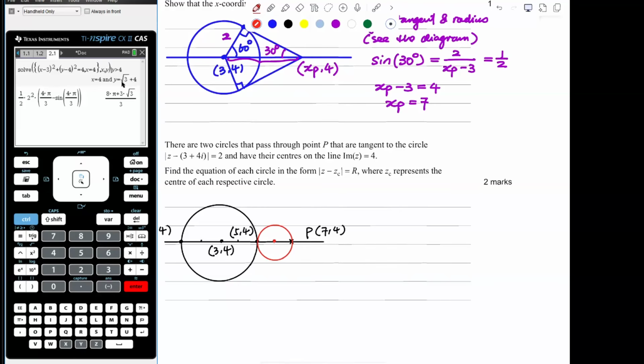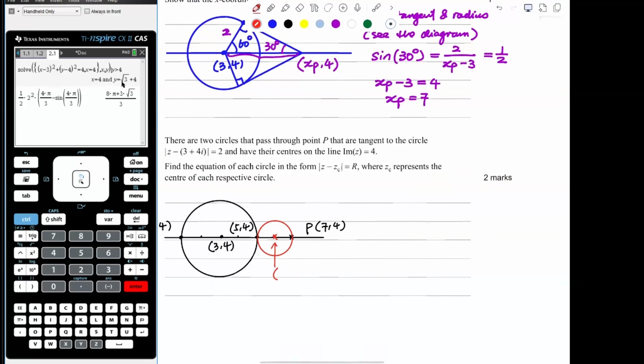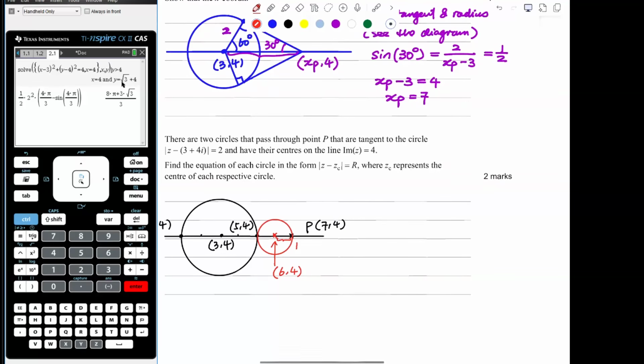You can have the center over there between 5 and 7, so this will be 6, 4. And the radius is going to be 1. Equation 1, you will have modulus of z minus 6 plus 4i equals 1.